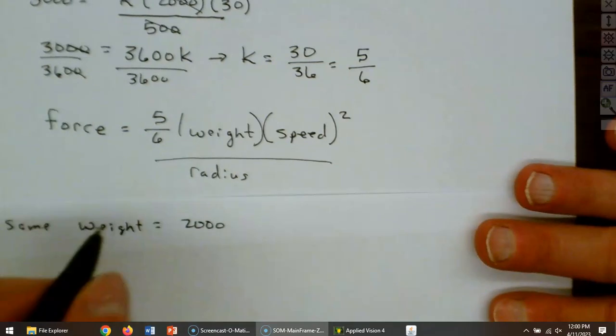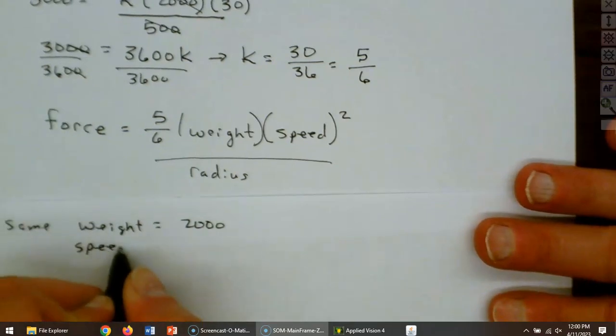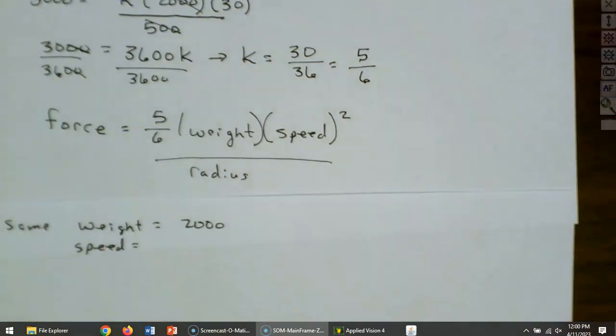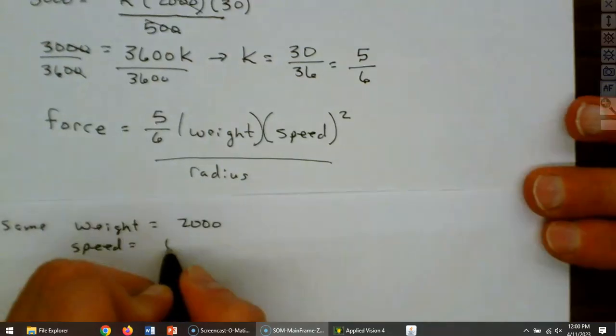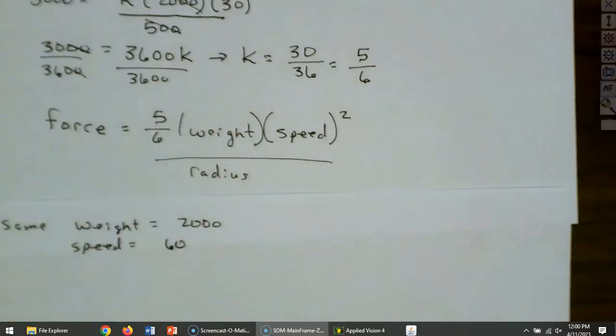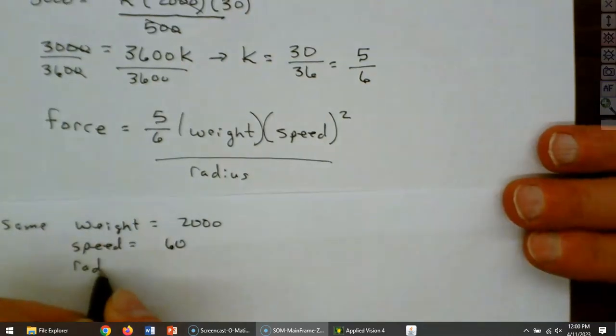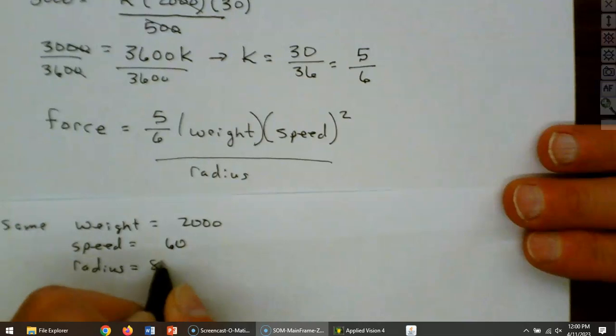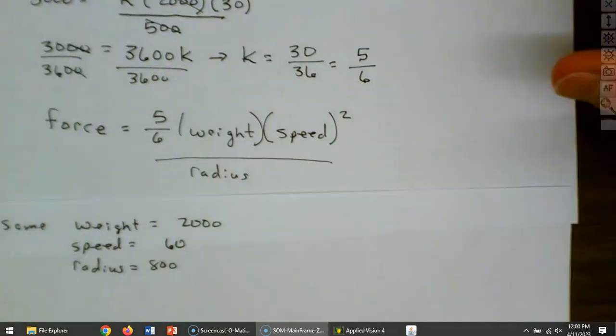That's the weight. Our speed we're going to be using, we want to increase that speed to 60. And then we want to make that radius 800. So that's what we got there.